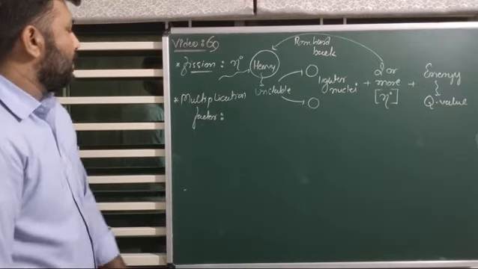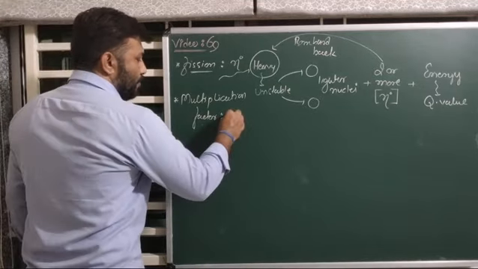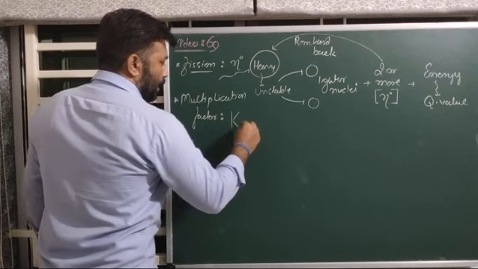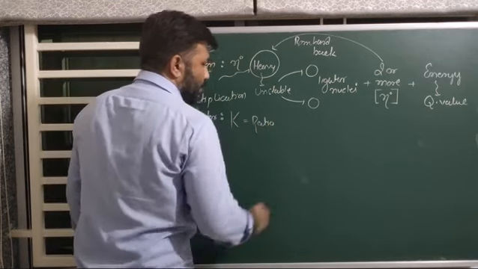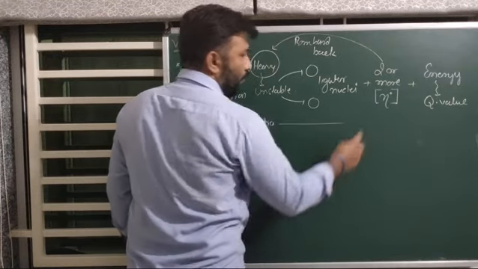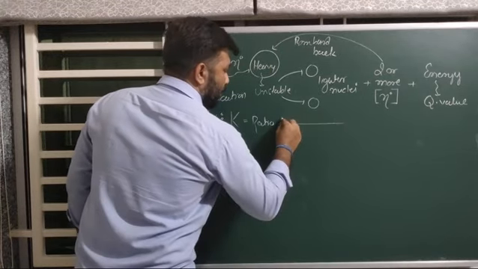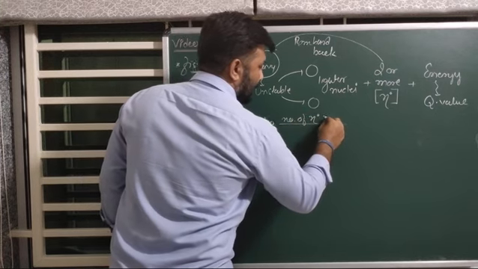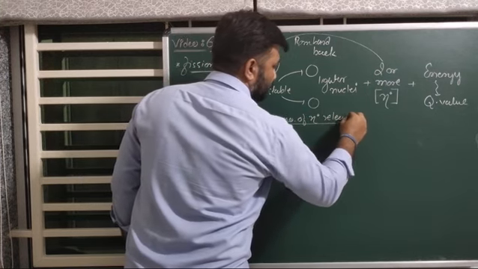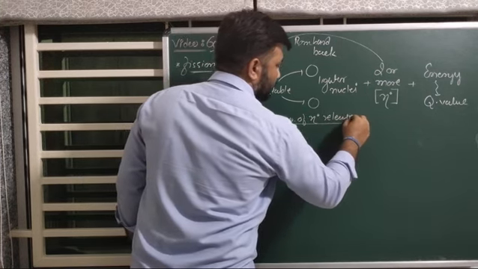First of all, the multiplication factor is symbolized as capital K, and it is nothing but the ratio of the number of neutrons released to the number of neutrons absorbed.